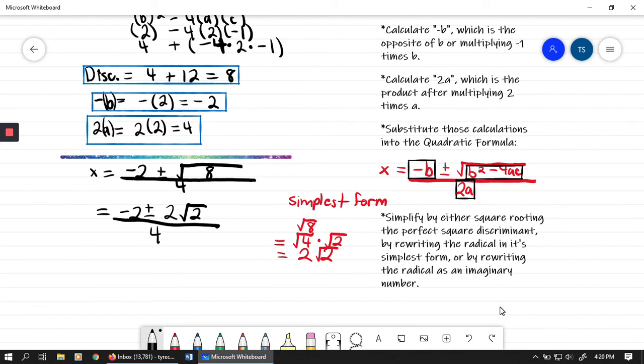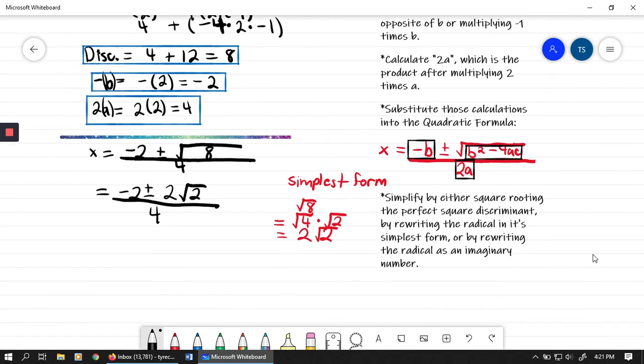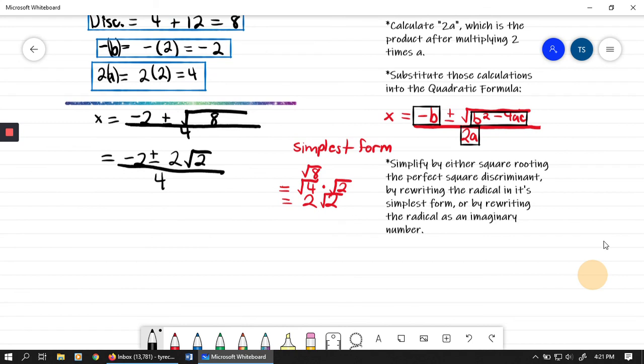Alright, so we are still not done here as far as the simplifying part. After you simplified this way, if you do have any fractions that can be simplified, then you do need to simplify those fractions.